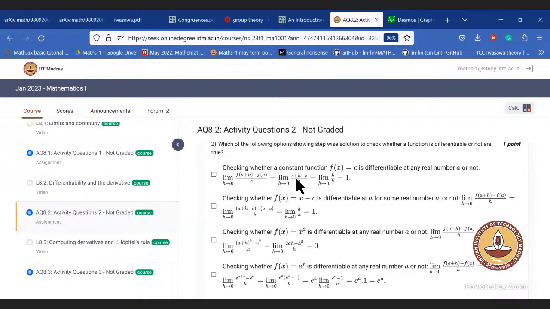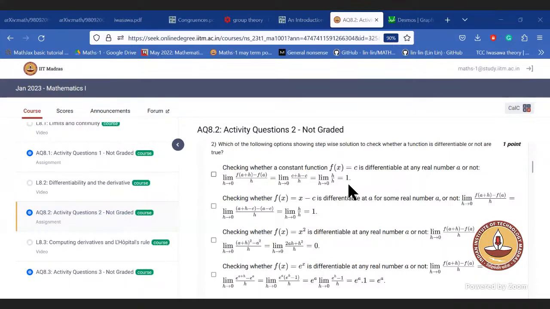C only, right? But it's written something different, C plus s. See, this is a constant function. If you differentiate it, you should get 0, right? Got it.